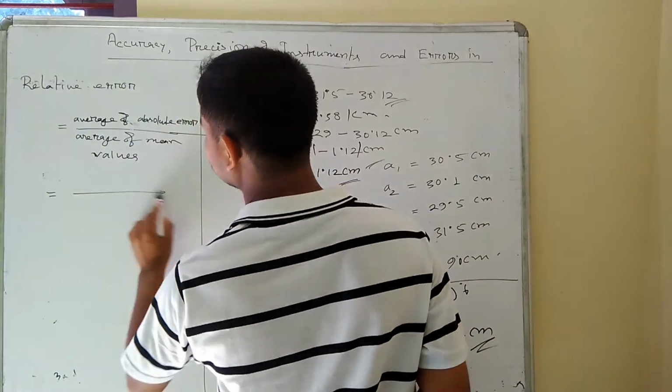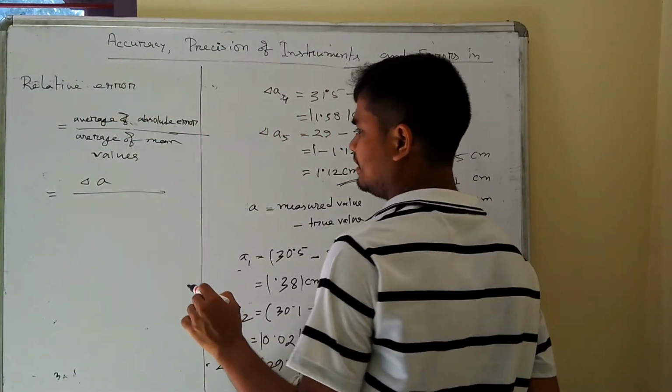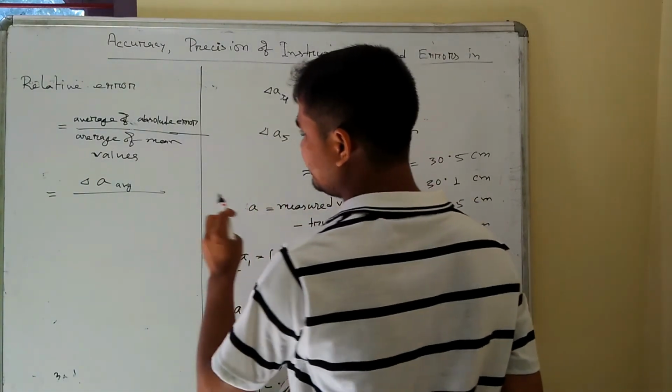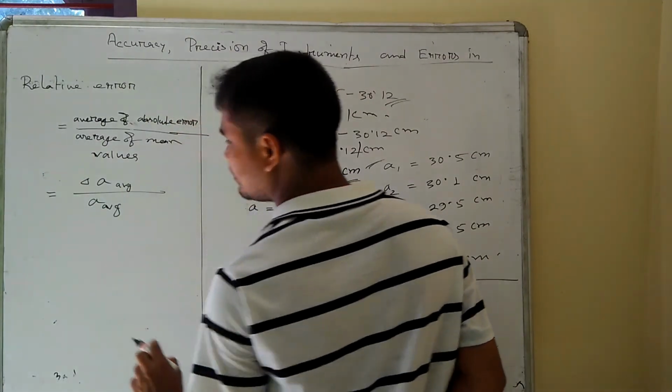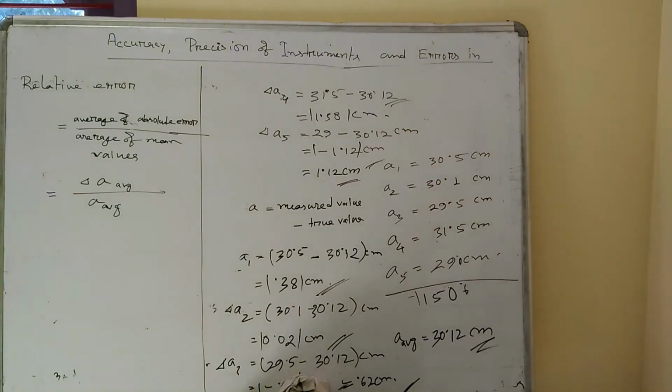That is, delta A average, or mean, divided by A average. Clear? Okay, delta A average by A average.